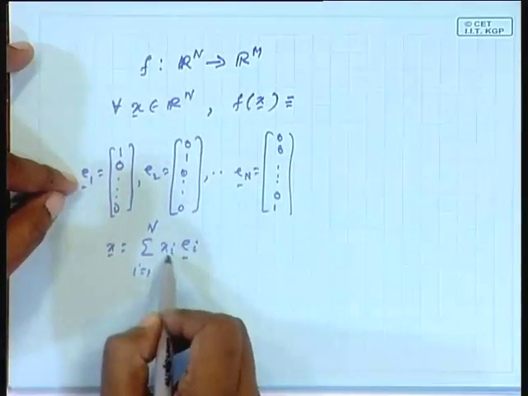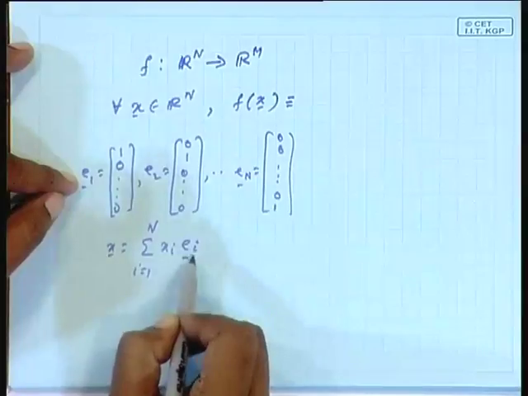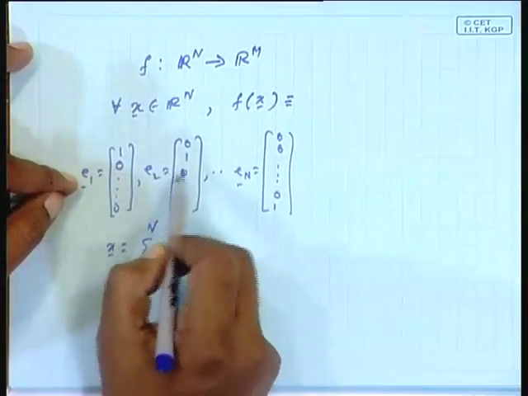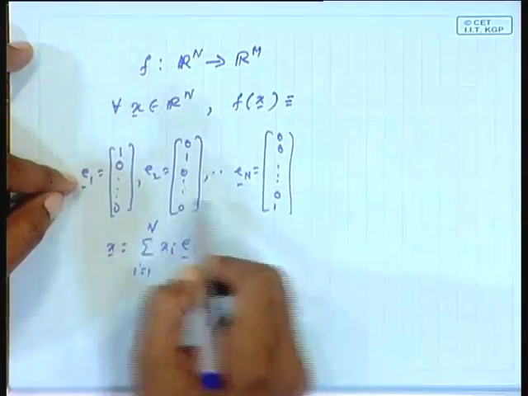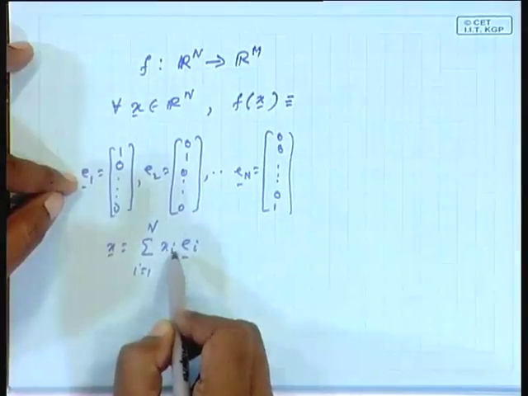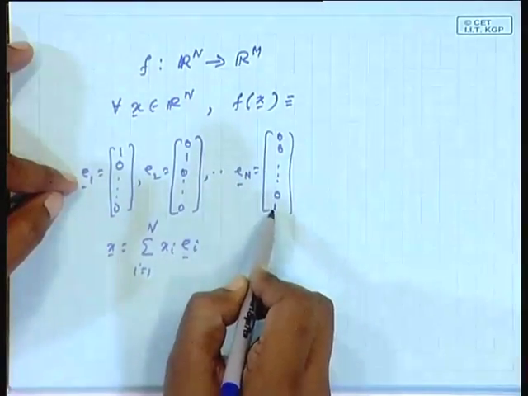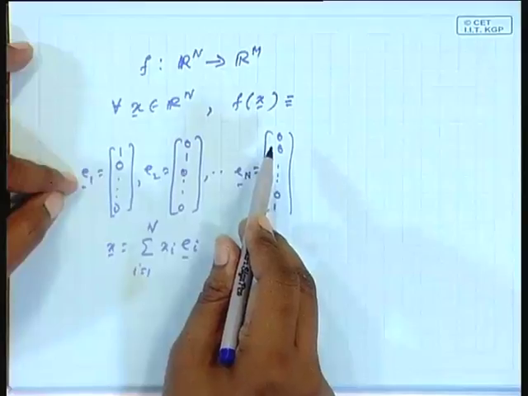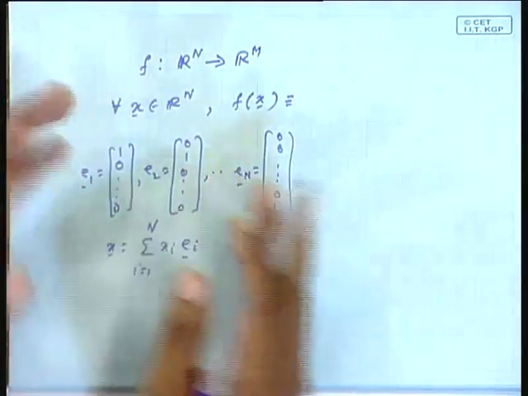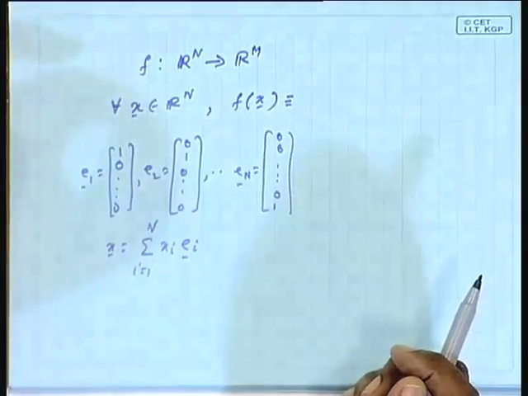Then next is x2, x2 into e2, so this gets multiplied by x2, x2 into 1, x2, dot dot dot. Last is xn, en. Only this gets multiplied, others are 0. And then you add, you get back your original vector, isn't it?